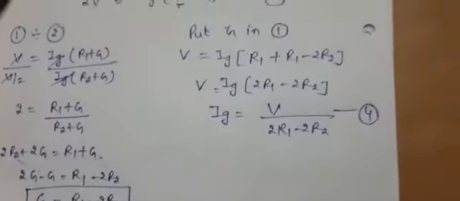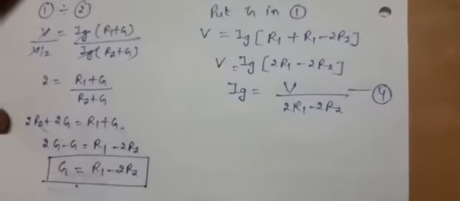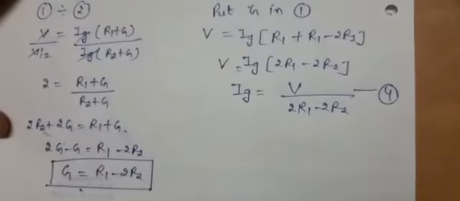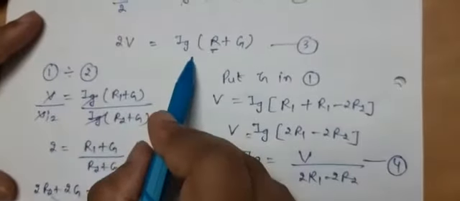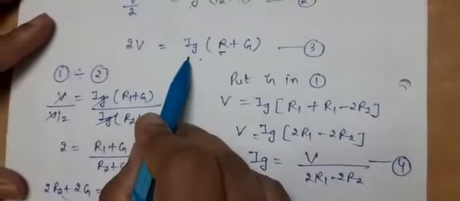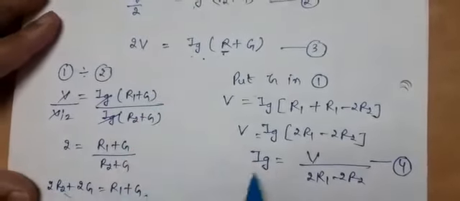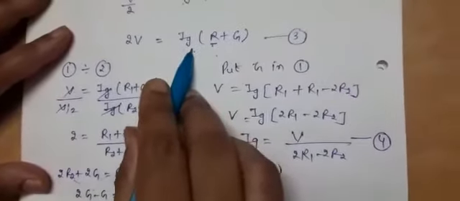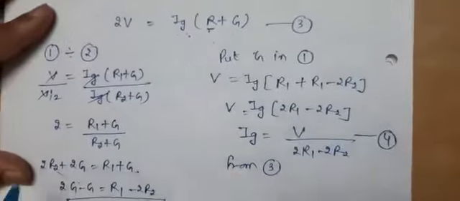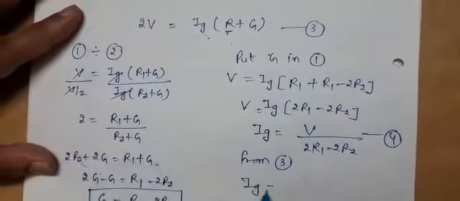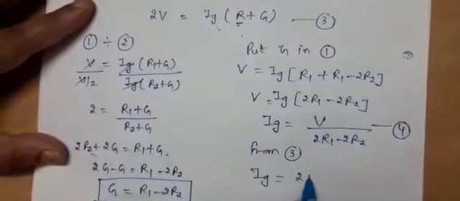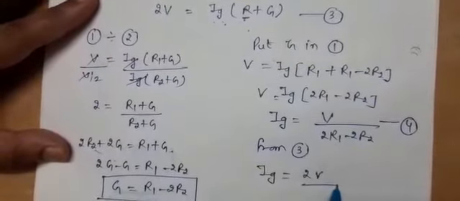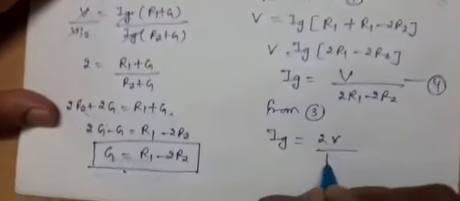Now we have to again find the value of R. So let me come to equation 3. From this third equation, can we calculate the value of Ig? From equation 3, Ig will be 2V upon (R plus G). So I am writing it here: Ig will be 2V upon (R plus G).